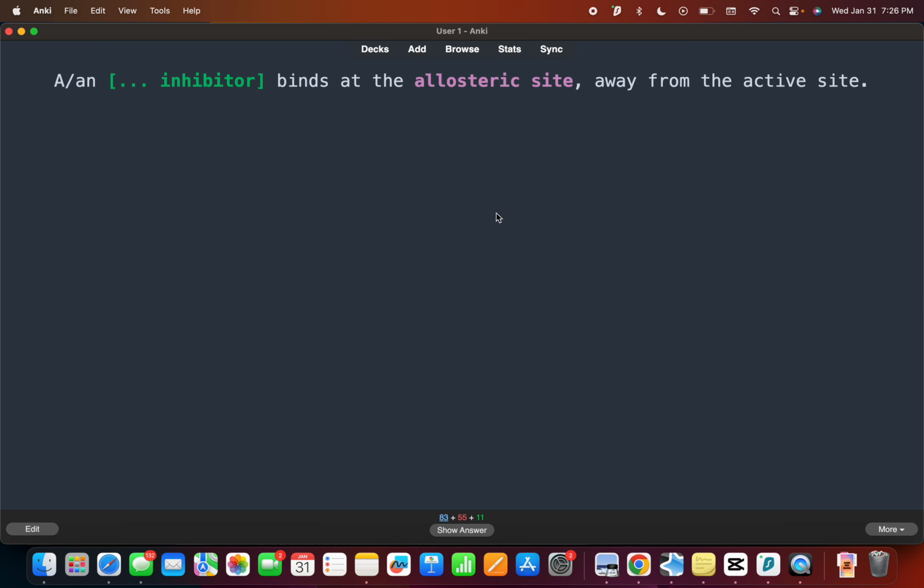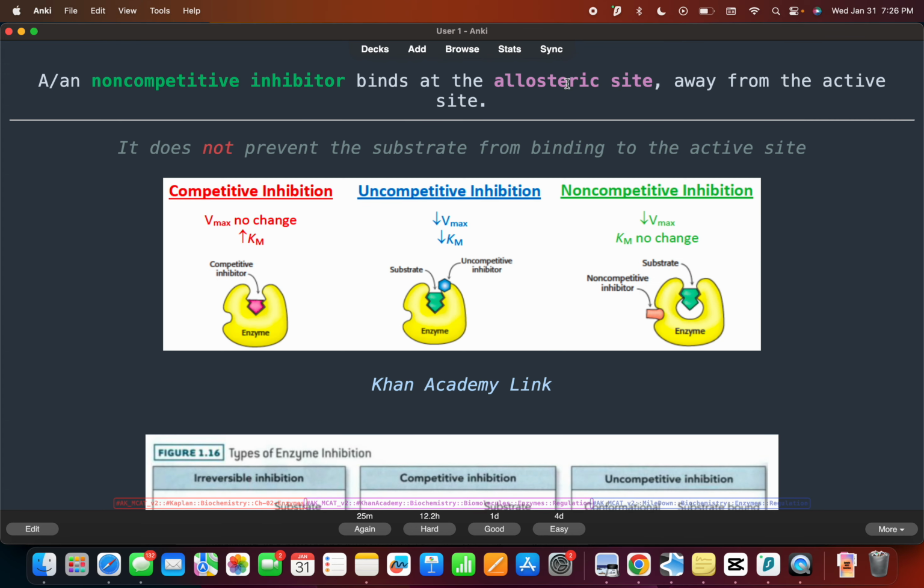What inhibitor binds at the allosteric site away from the active site? So we have the allosteric site, the other one from the active site. The one that attaches to the allosteric site is the uncompetitive inhibitor.